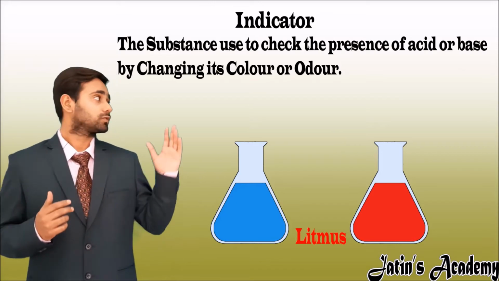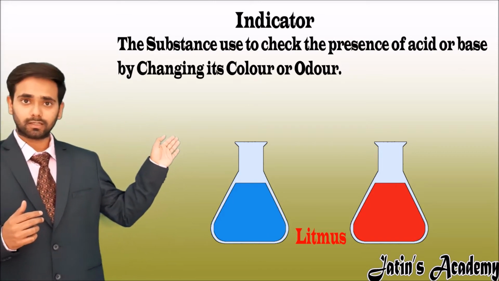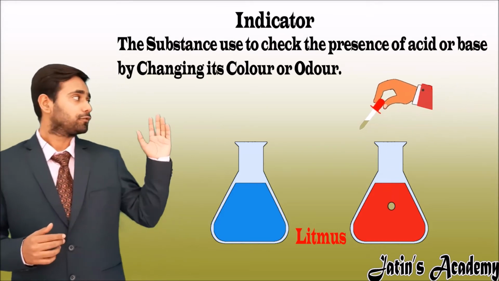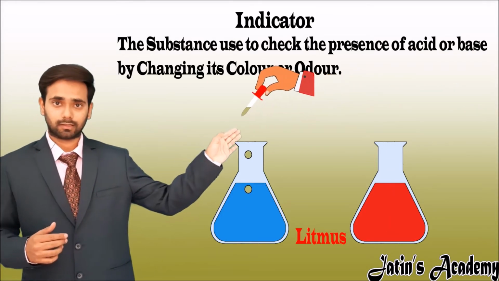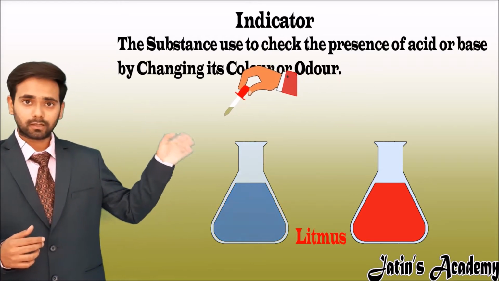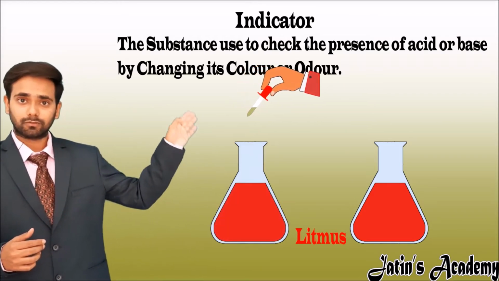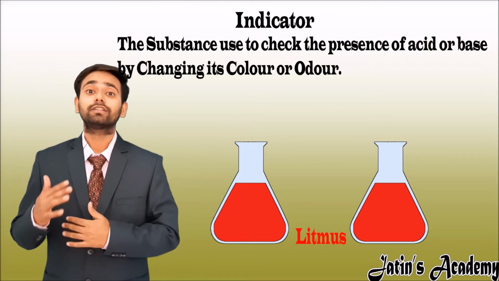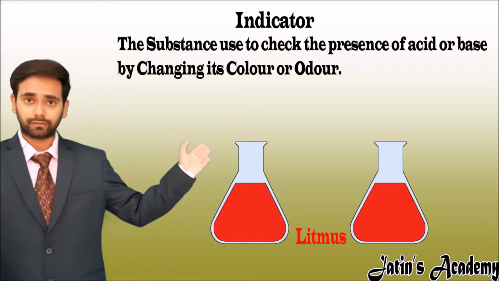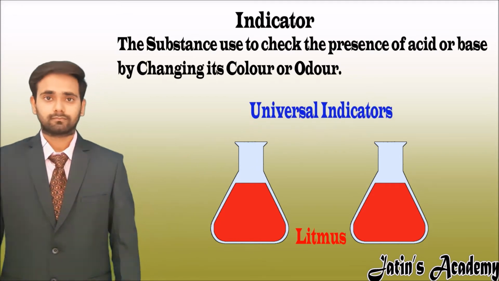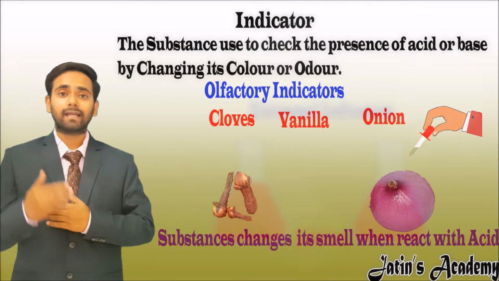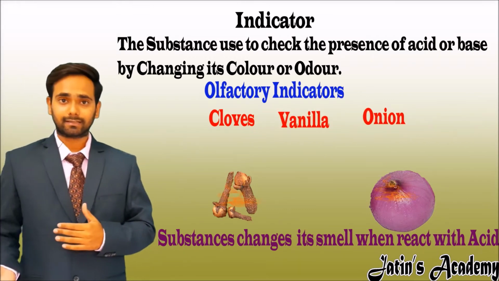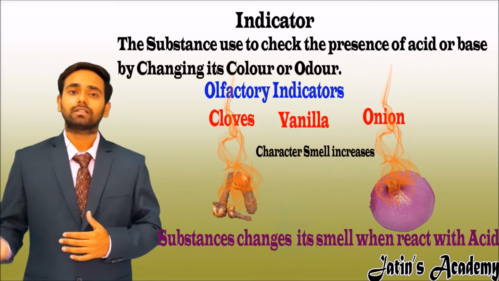These are of two types, usually blue litmus and red litmus. If we add a few drops of acid to both solutions, the blue litmus changes into red and the red litmus remains red. These are also called universal indicators. When acid is added to these substances, the characteristic smell of these substances increases.